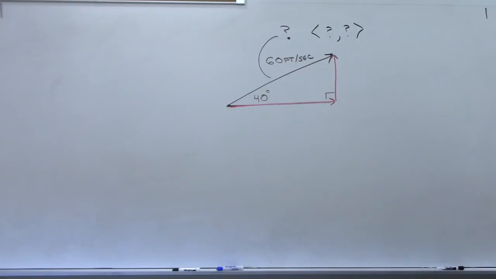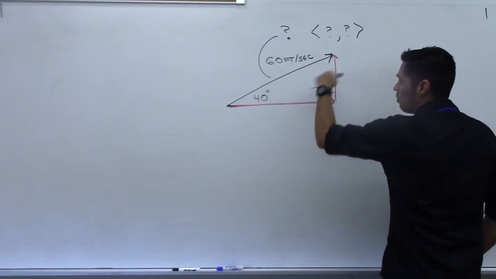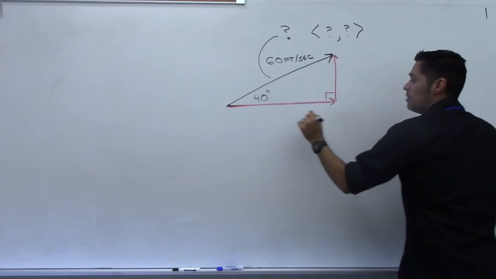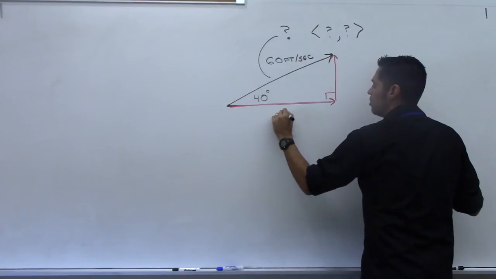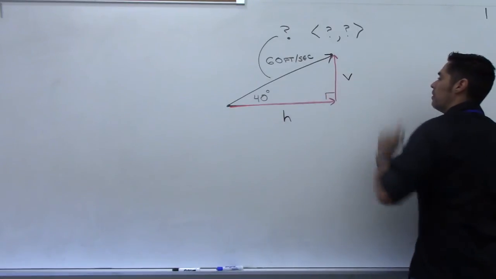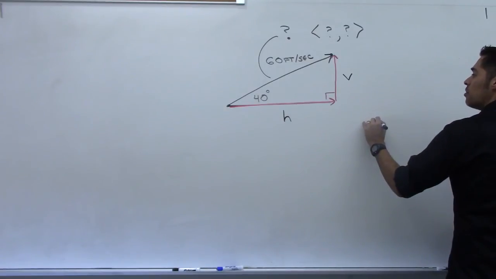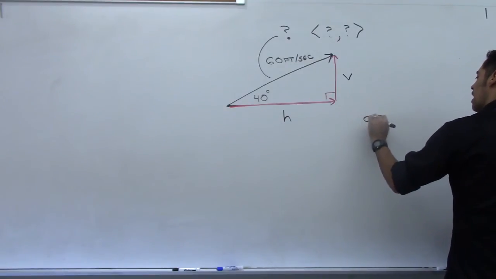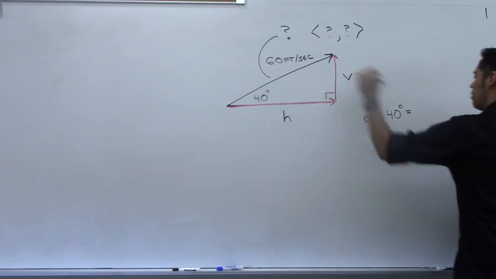To do that, I can use just some basic trigonometry. If this were a right triangle, let's call this side H for horizontal, and then we'll call this V for vertical. Let's do H first. Cosine of 40 degrees should equal H over 60.